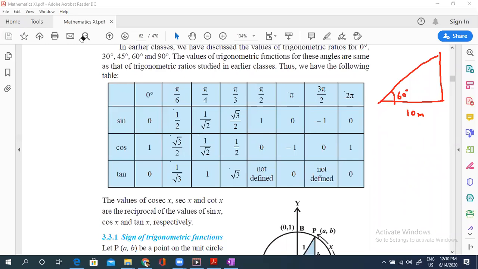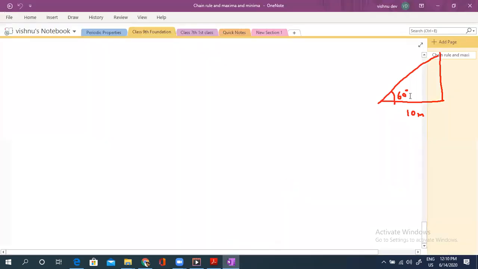Yes, Tanish, right answer. How come it is 10 root 10? Yes, Satvik, right answer.